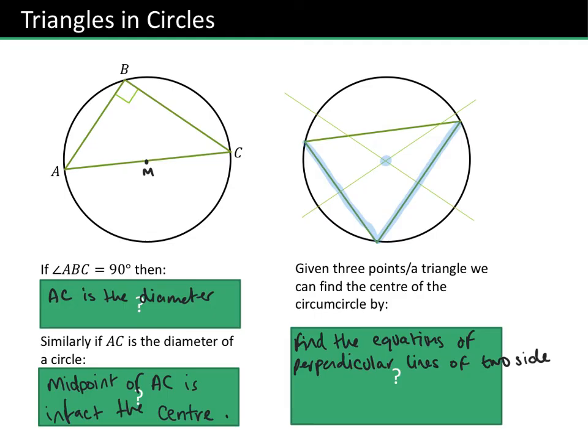Where they intersect will be the centre. Okay? Where they intersect, I think my handwriting is getting worse. Where they intersect will be the centre, okay? So, we're going to prove that a bit later on, but this is what we're going to have, okay? Nice and simple.